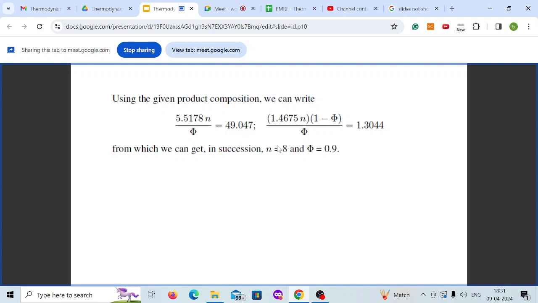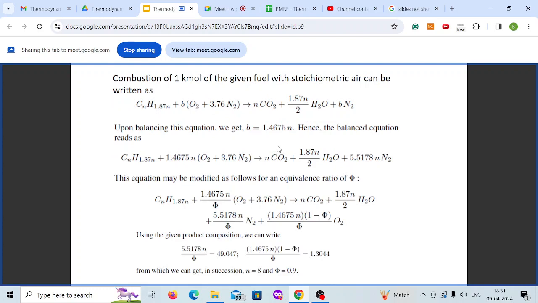Any question in this? So what we did is, first we wrote a stoichiometric equation, and if you balance it with respect to oxygen, you get B equal to 1.4675n.